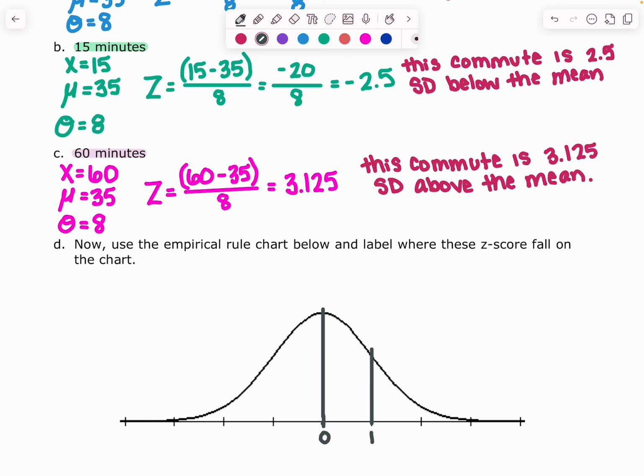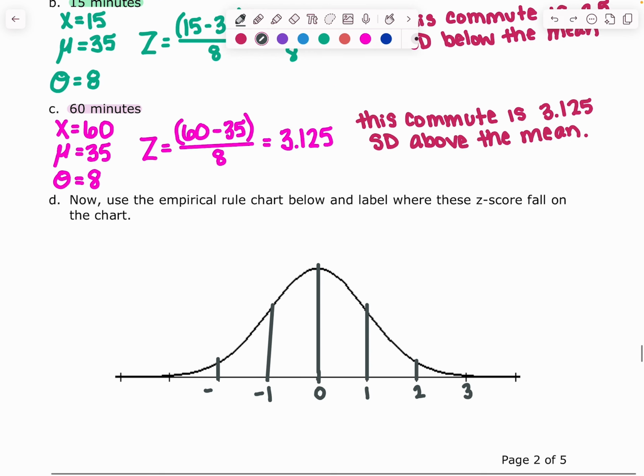Here is 1, 2, and 3. On this side, we have negative 1, negative 2. My handwriting's getting really bad. Negative 2, and negative 3.